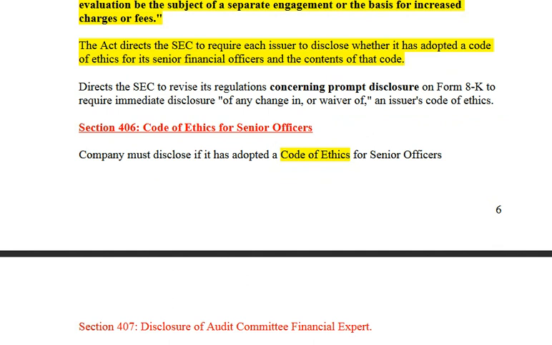The Act directs the SEC to require each issuer to disclose whether it has adopted a code of ethics for its senior financial officers and the contents of the code.